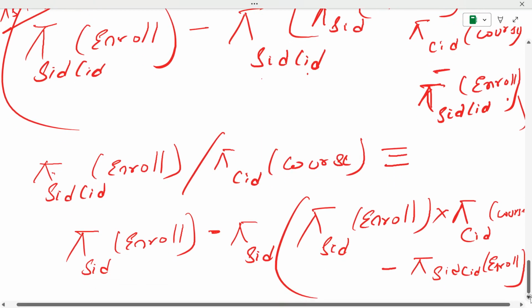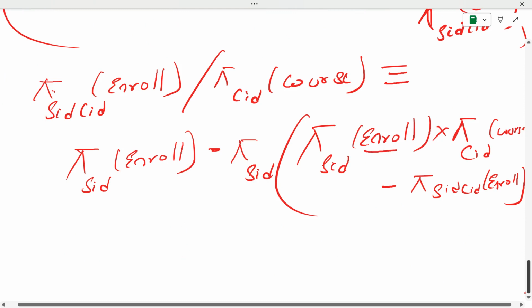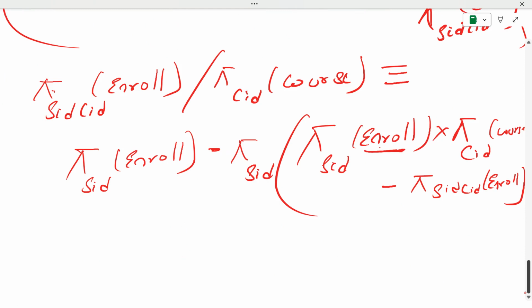Please note that here we have used the enroll table, and earlier we were using the student table, but enroll also contains the SIDs, so we can use the enroll table as well.